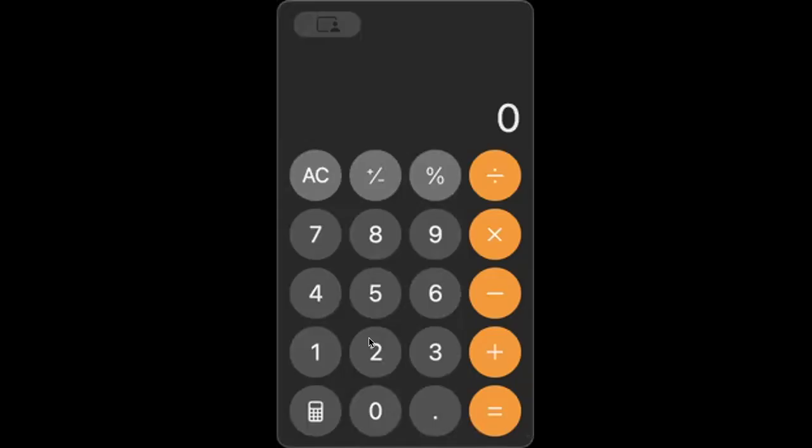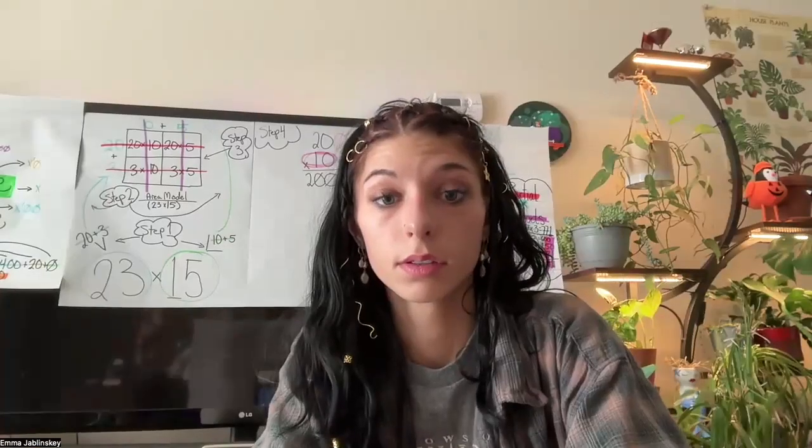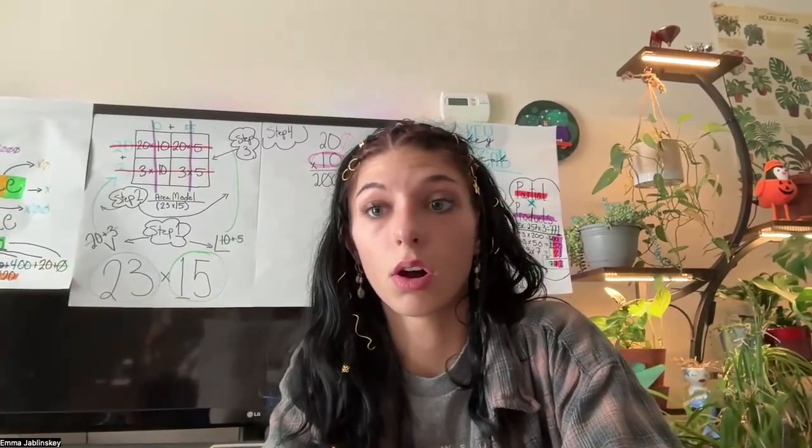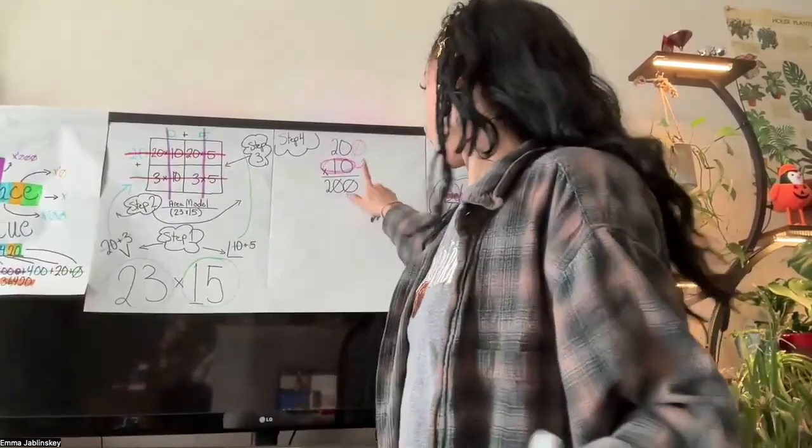We can check our work by inputting it into the calculator. So if we do 20 times 10, we know that it equals 200. So we know that our work right here is correct.